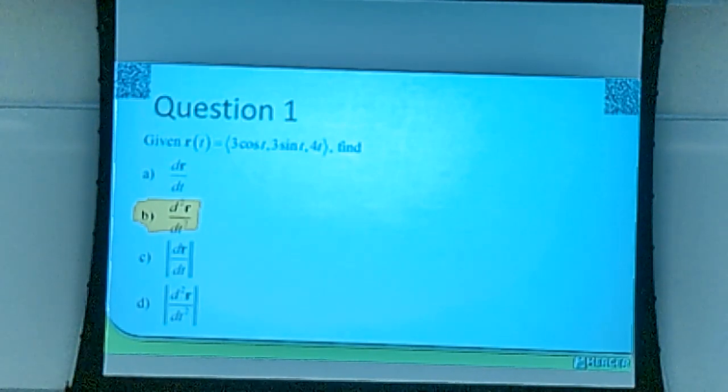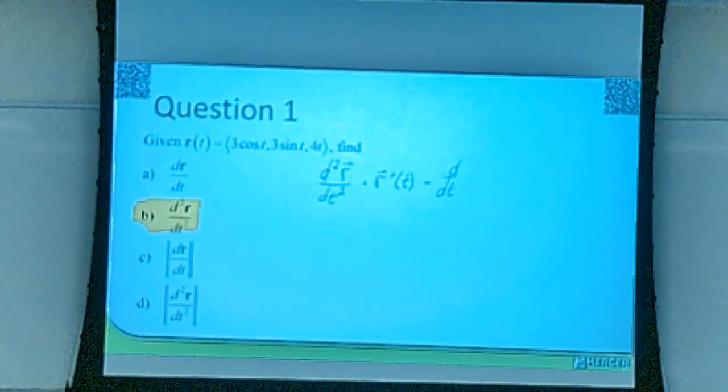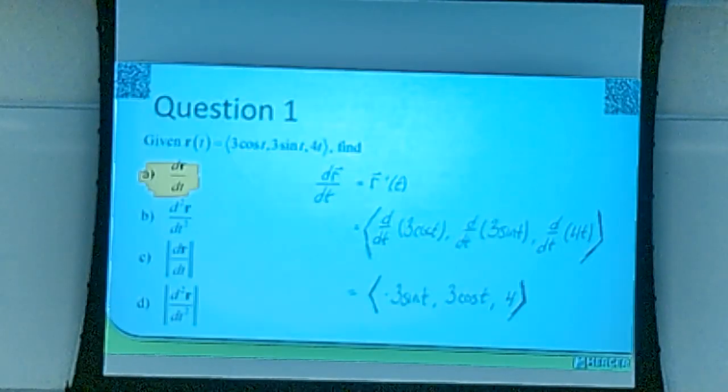What does that notation represent? Second derivative. How do you find a second derivative? Take the derivative of the first derivative. r double prime. Again, I'll write this out. What's the derivative of that first component?